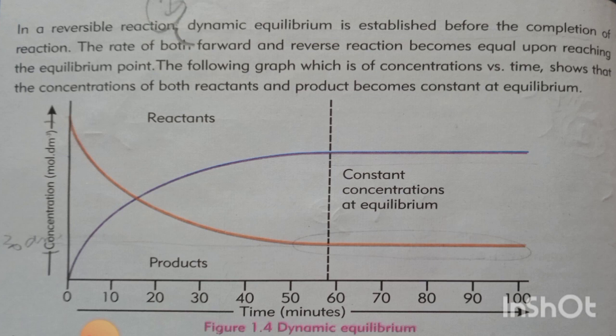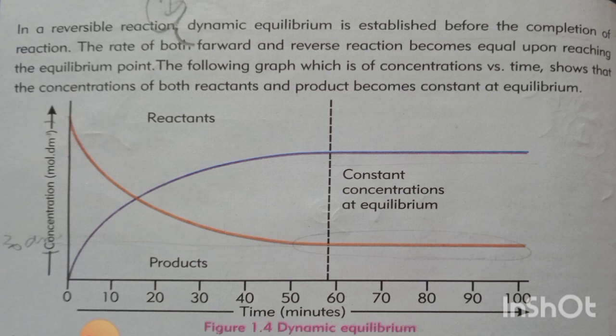You can see this in this graph. After some time, both of them will be constant to each other. The concentration will be equal, or they will not react more towards each other. So when this type of condition occurs, you can say that these are constant concentrations at equilibrium.